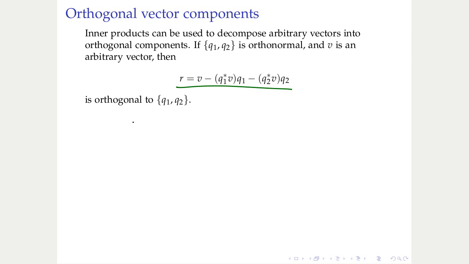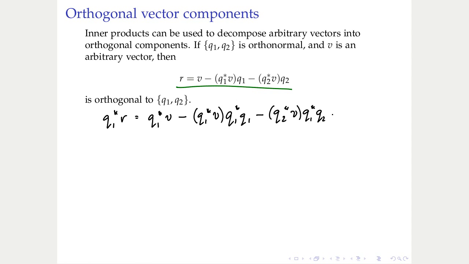How do we demonstrate that's true? Well, we just test it. I'll use complex notation this time: q1 star r is equal to q1 star v minus q1 star v times q1 star q1 (q1 star v is just a constant, so I can just leave it as it is and take the q1 through to here), and minus q2 star v times q1 star q2.